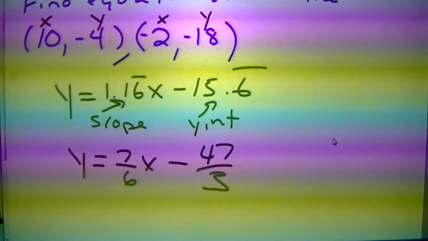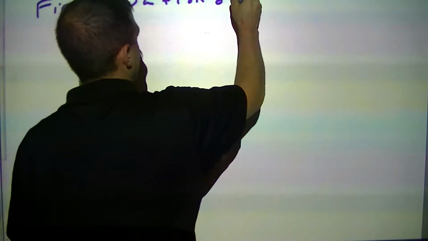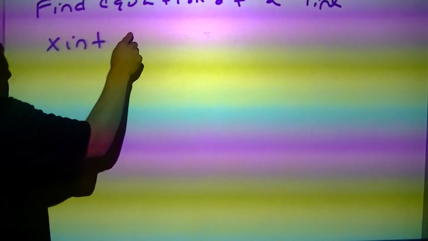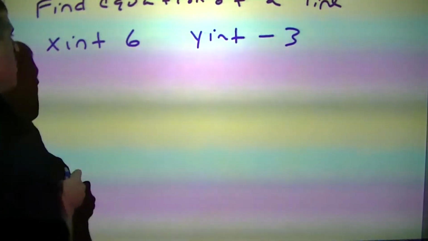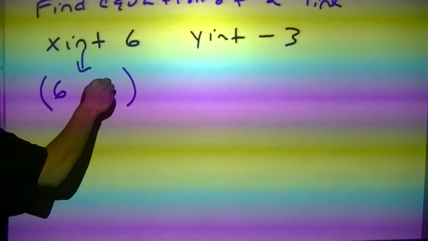Another type where it says find the equation is something where they'll say like the x-intercept is 6, the y-intercept is -3. Now, the x-intercept is a point: 6, 0.